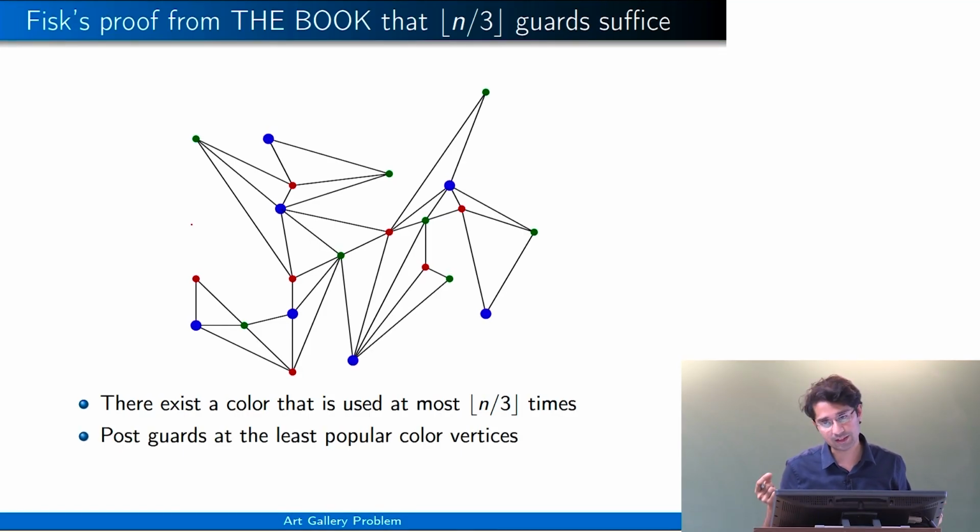Now, every triangle has a blue vertex. Now I have to prove that every point in the polygon is guarded by at least one guard. Every point in the polygon is part of some triangle. That is the reason you are using this. Clear? Doubts?